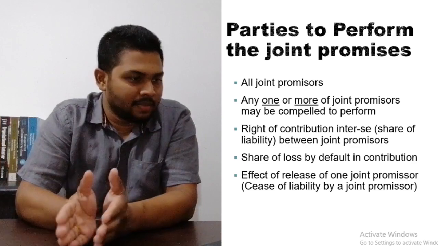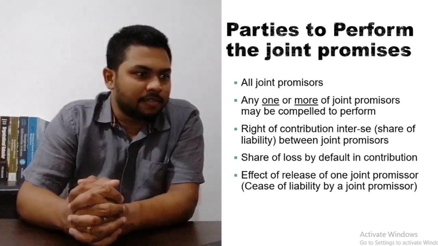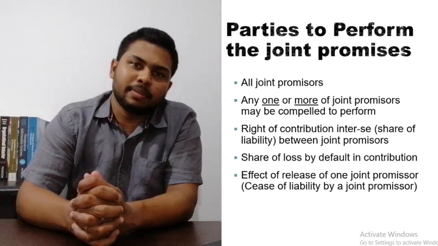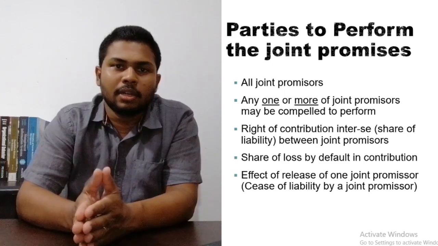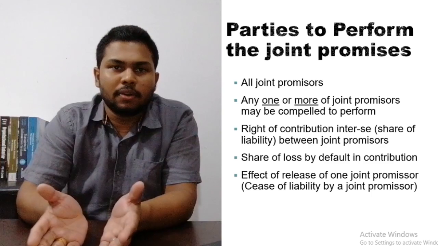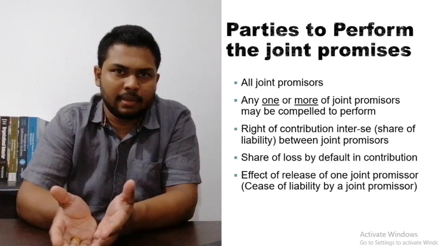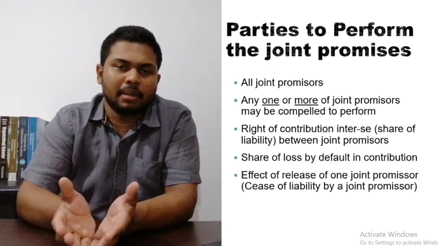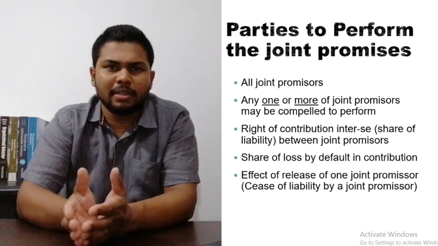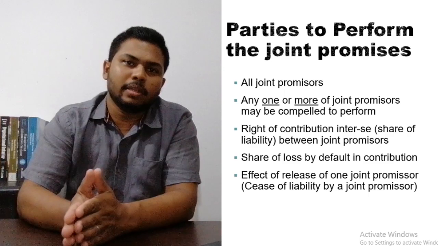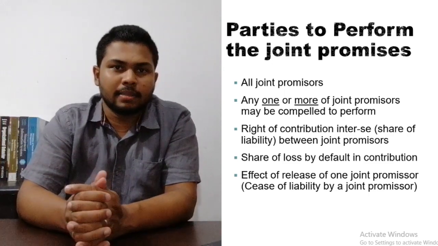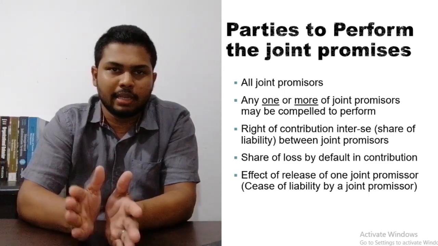Then, share of loss by default in contribution. Basically, if there are any losses, they have to be borne by the number of parties involved as the promisors. It's the same as in partnerships, where losses are divided equally among all the partners, unless it is based on the agreement.